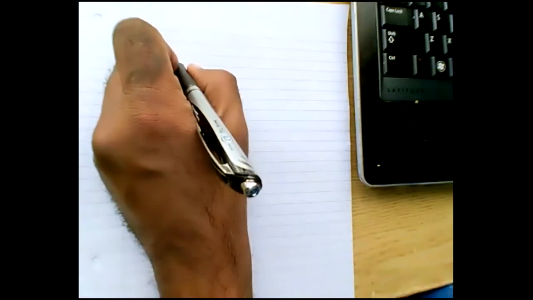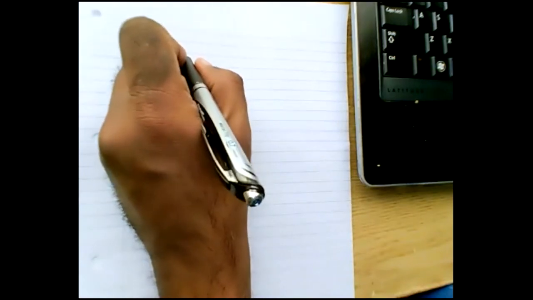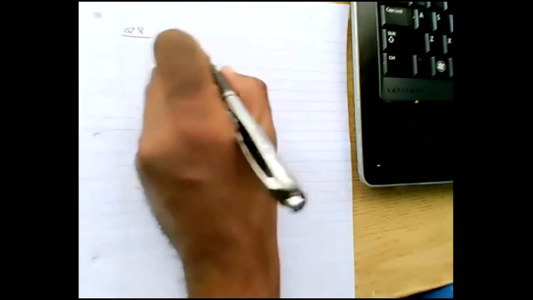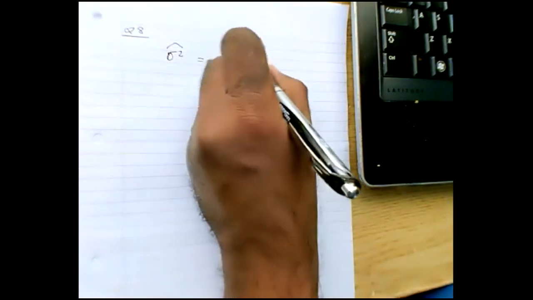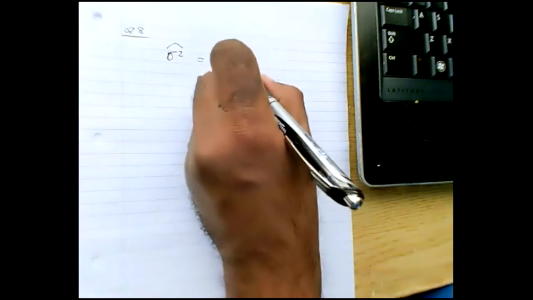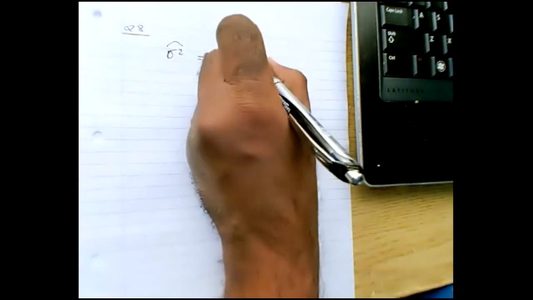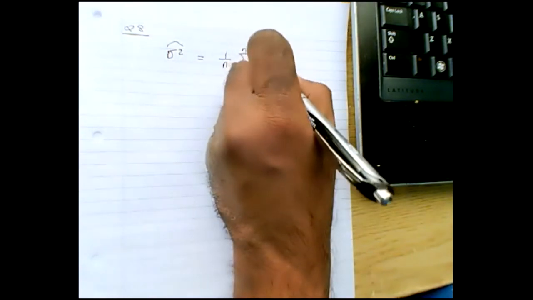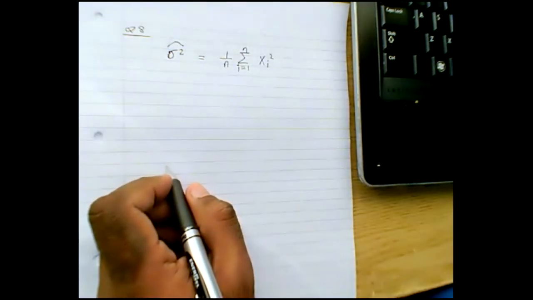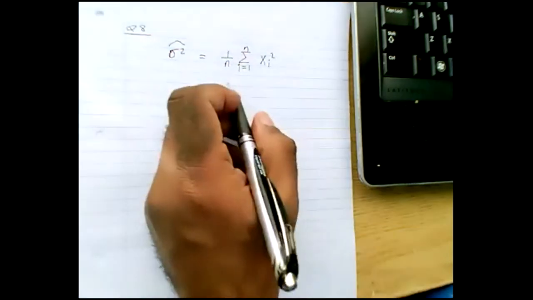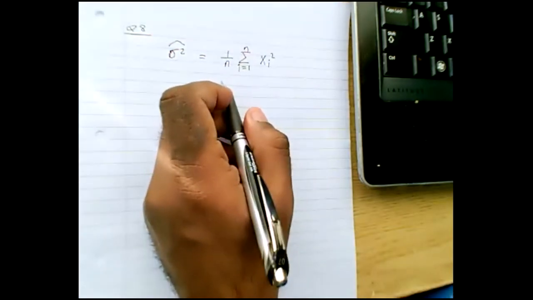The estimator is sigma hat squared equal to 1 over n times the sum of xi squared. This is the estimator that we have. Now we want to find the sampling distribution of this.